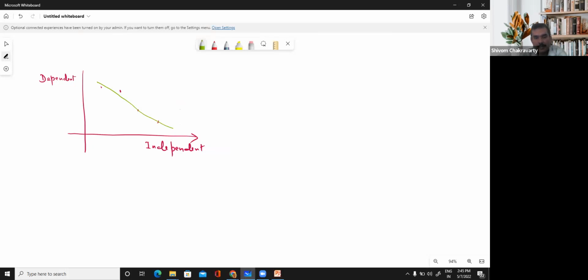So this is one case, but not everything will be linear or have just one independent variable. The dependent variable will be one, but the independent variable can be more than one also. In that case, we keep increasing the dimension of the plot.